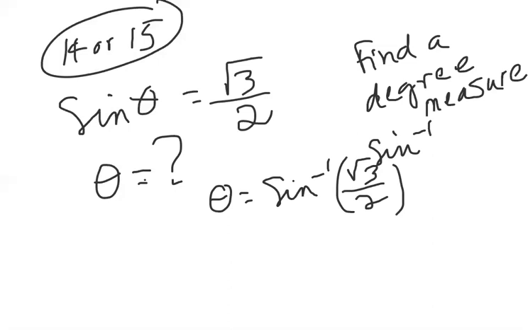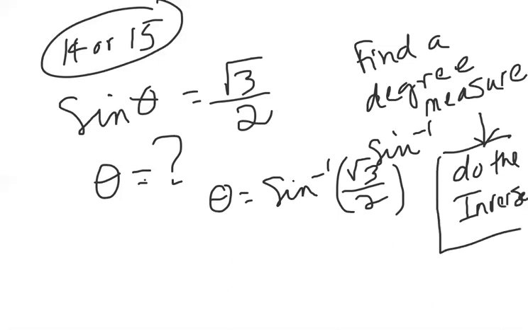So once again, whenever you're finding a degree measure, do the inverse of the trig ratio. In this case, when I plug it into my calculator, I'm going to do the inverse of sine, and then in parentheses, the square root of 3 divided by 2. Be careful with the parentheses too. Every calculator is different, so be careful, guys. Then close off the parentheses, and I end up with a degree measure of 60 degrees, guys.